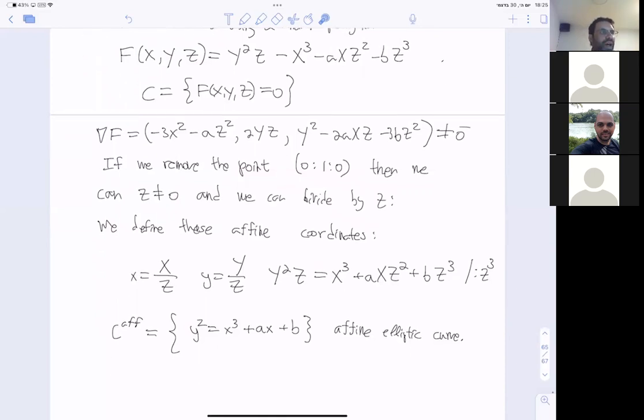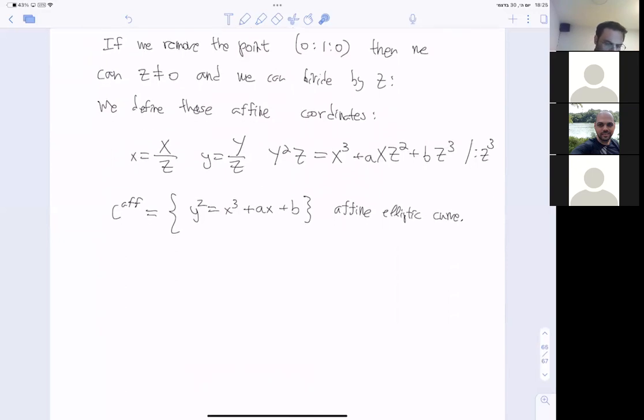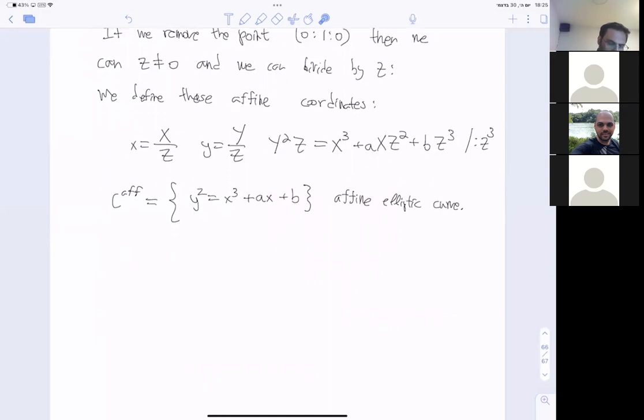So now we want to understand how we use this, and why we have chosen this kind of equation. The answer is the following. Let us remember what we want to do.